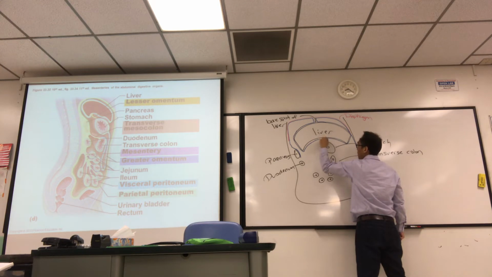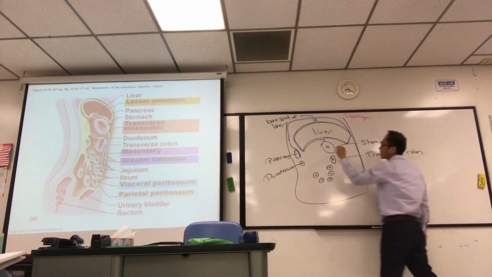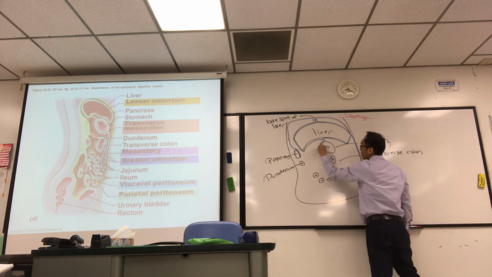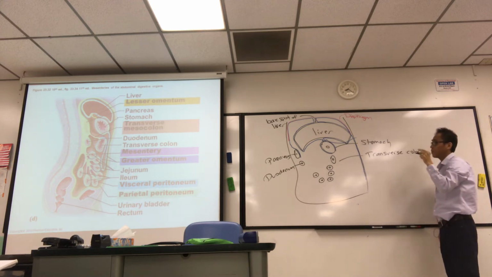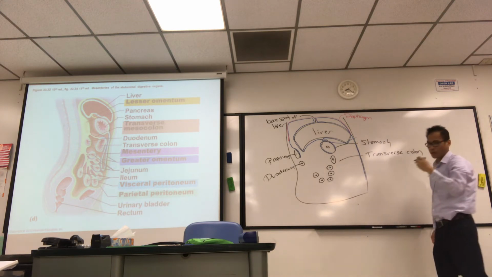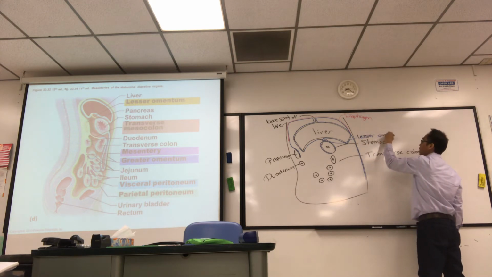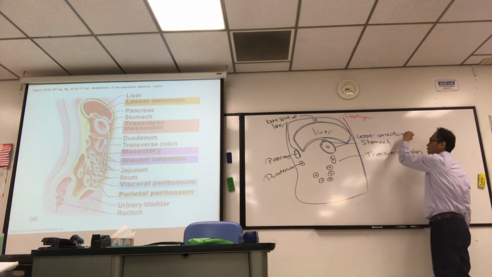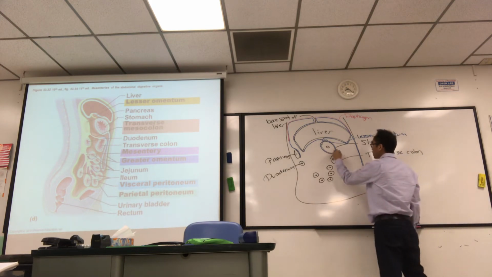And there's a part of mesentery that will shoot down and then go over the stomach. And so that little bit of mesentery is called the lesser omentum, the one between the liver and the stomach. Then there's this big fat apron that comes off of the stomach.